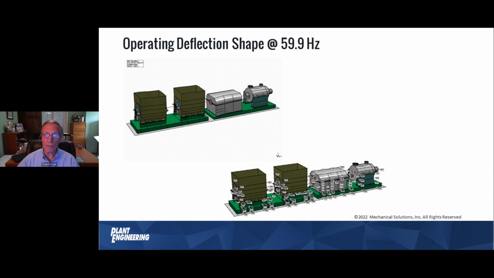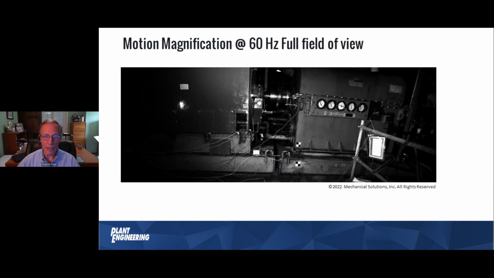So that's a fairly big investment in time and effort to set up and do the operating deflection shape, but it shows them exactly what they need to know, what's going on. Let me show you another example of the same thing. This is video motion magnification.